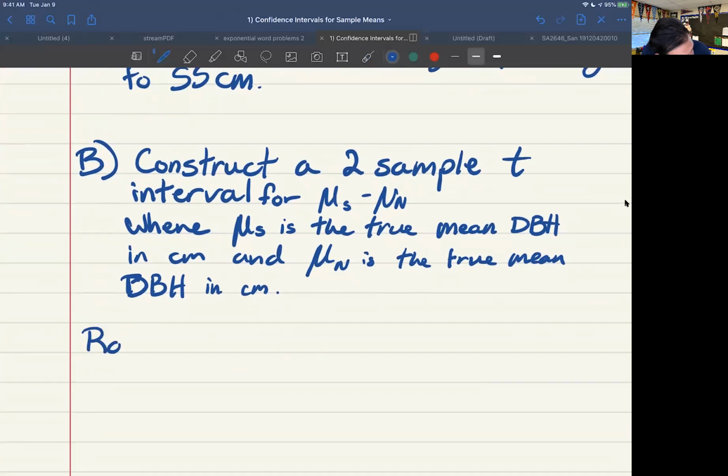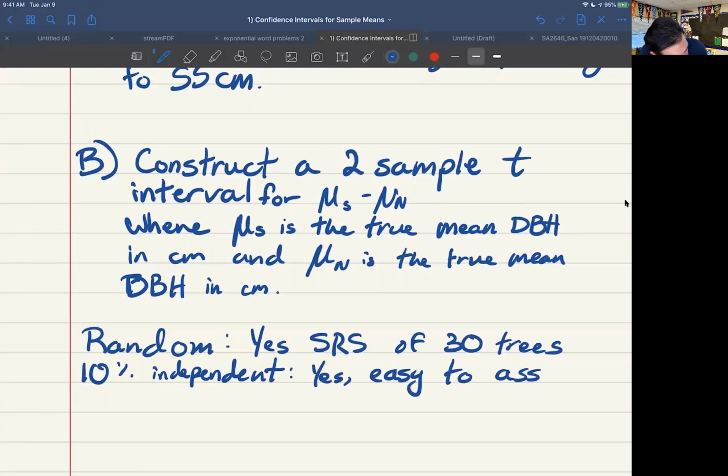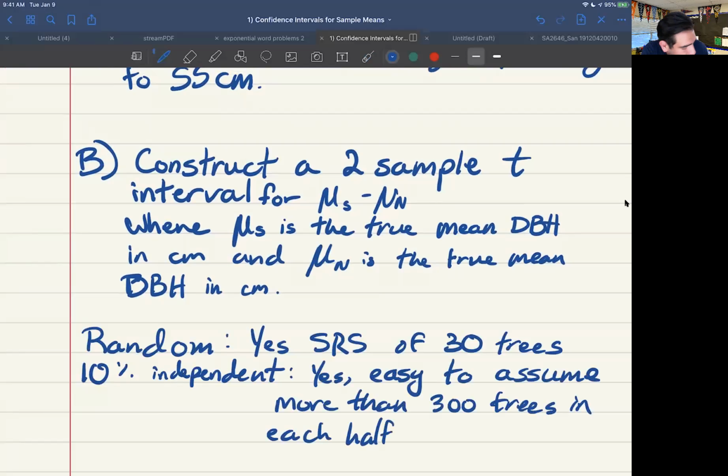Is it random? Yes. We had an SRS of 30 trees. Is it independent? We can say yes, easy to assume more than 300 trees in each half of the forest.